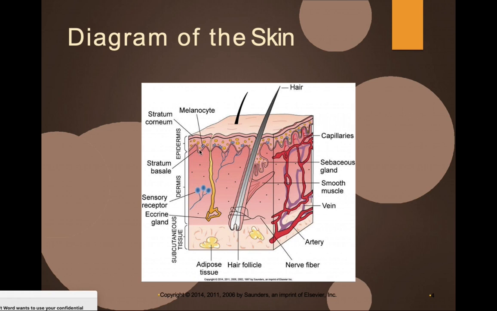They multiply and divide, and they push the layers up to the top, where you have 25 to 30 layers of dead cells called the stratum corneum that slough off. In some disorders, that pace can be accelerated, and it could take 4 to 7 days for it to reach the top and slough off.